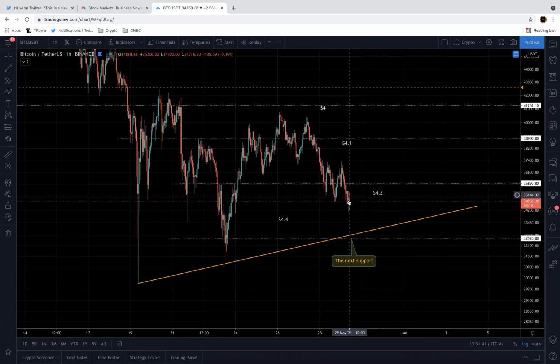So what we want is a bounce from here or a bounce from here. It has to bounce. The 32k range, 34k range, is the range we are looking for. If it wants to play for here on Saturday, Sunday, whatever weekend, it could.